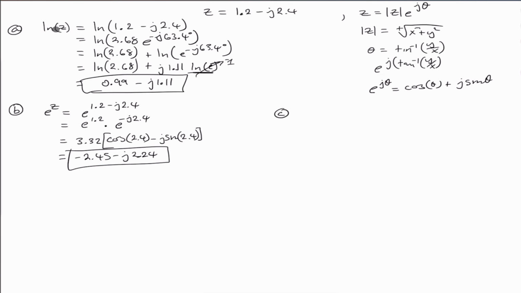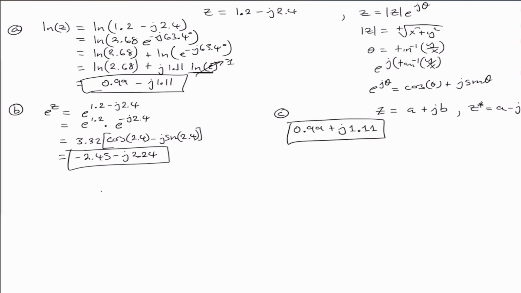When we take the complex conjugate of z, if z is equal to a plus jb, then its conjugate, z with an asterisk superscript, is equal to a minus jb. We change the sign of our j, and that is the complex conjugate. So all we have to do is take what we evaluated and change the sign on that. So c is then 0.99 plus j 1.11.